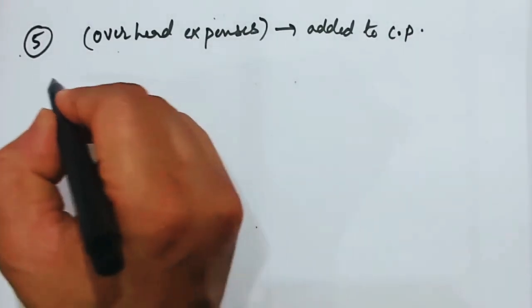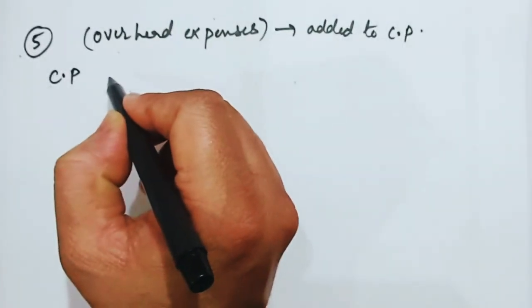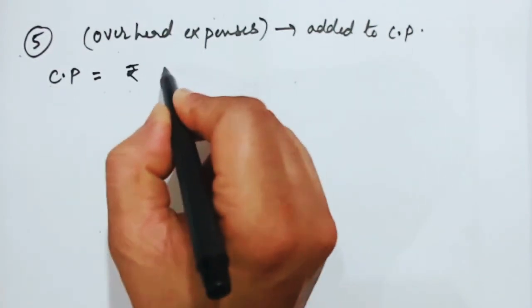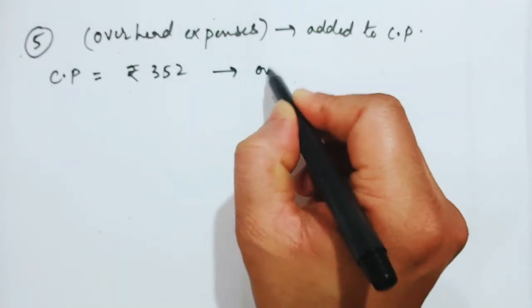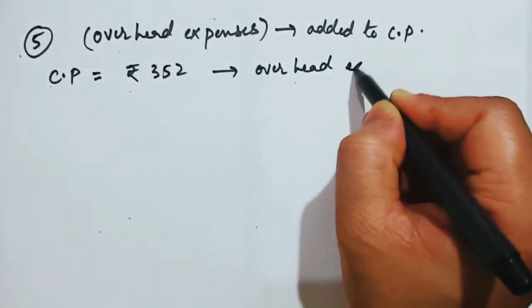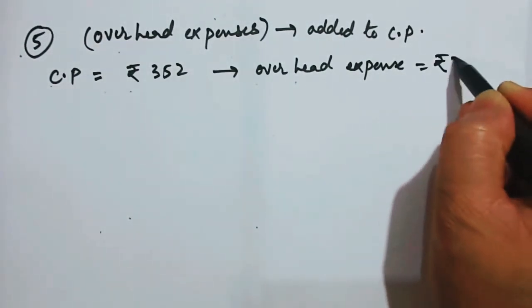So in number 5, the cost price of the article is rupees 352, and the overhead expense is rupees 28.